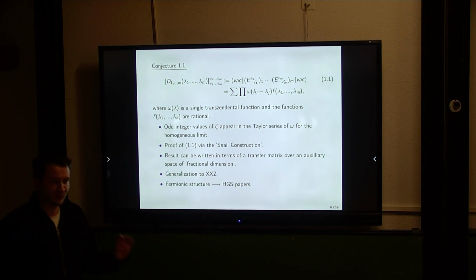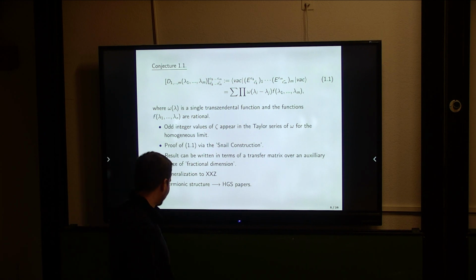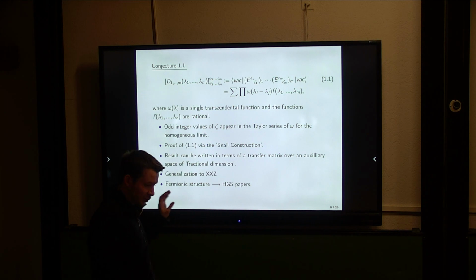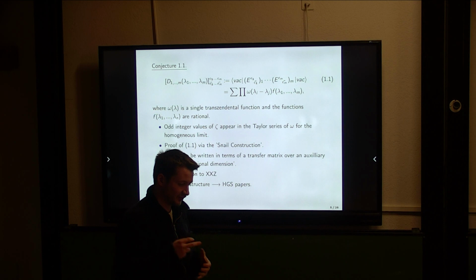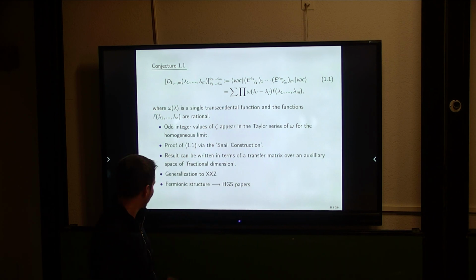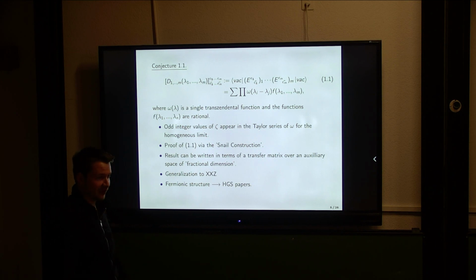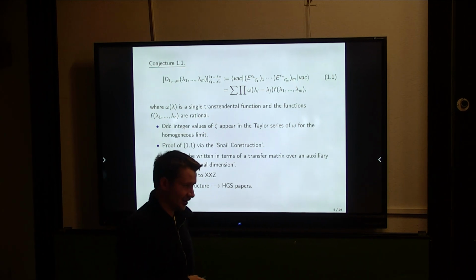This kind of reduction relation that was proven in the 2006 paper could be solved, and somehow it was possible to really write some fermions, and it's explained in the HGS papers of Hermann and Jerome Pasmino.